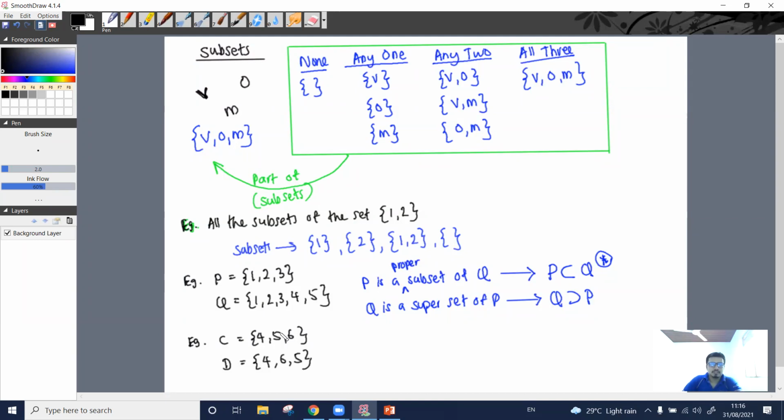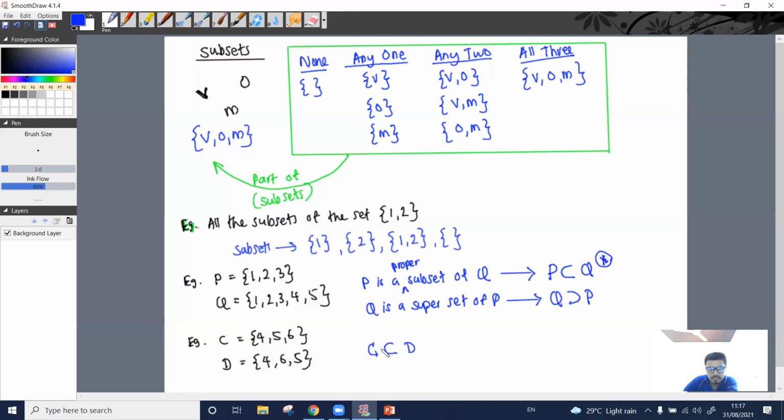What can you say about set C and D? Is C a proper subset of D?